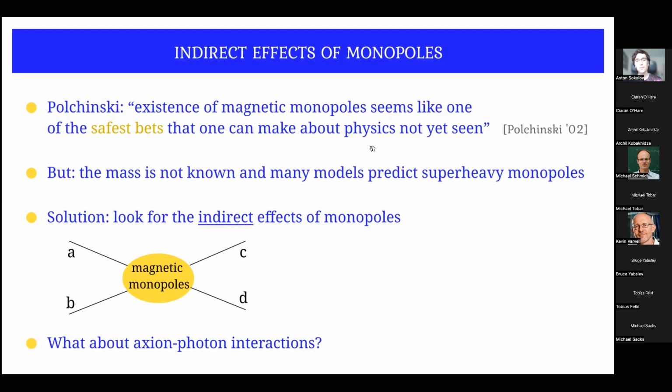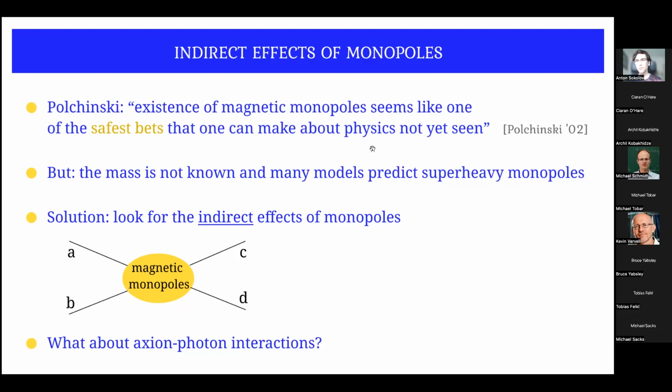And this is what axion-photon interactions can provide us with. Normally such indirect effects will be suppressed by the monopole mass.